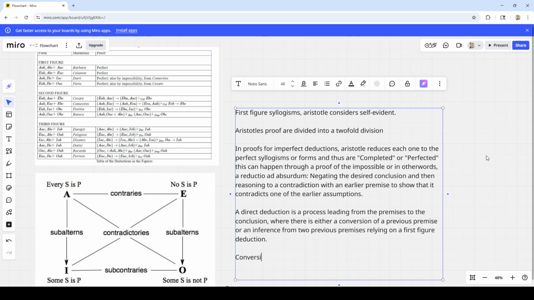So conversion is inferring from a proposition another which has the subject and predicate changed or interchanged.